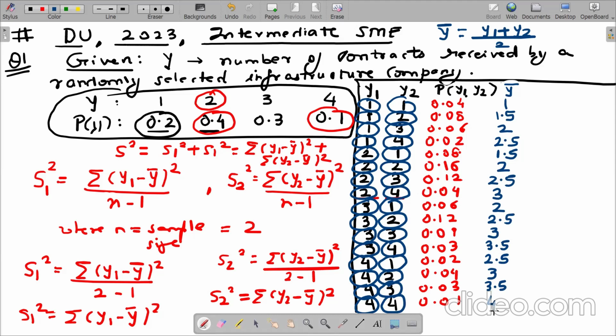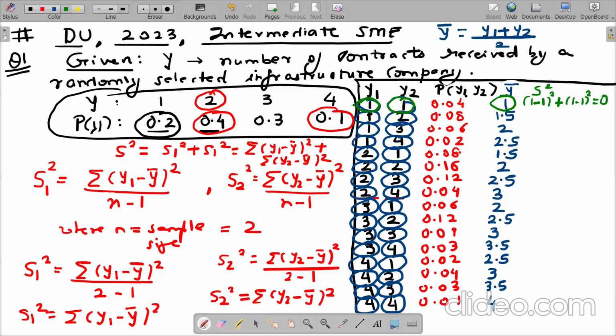Okay. And now how do I calculate S square? Remember, y1 minus y bar square plus y2 minus y bar square. So it's going to be 1 minus 1 square plus this 1 minus 1 square, which is 0.